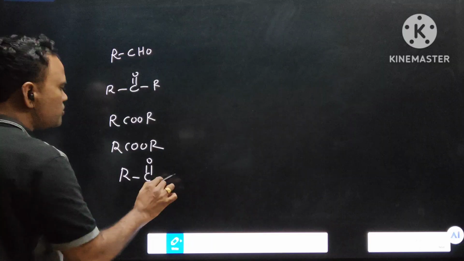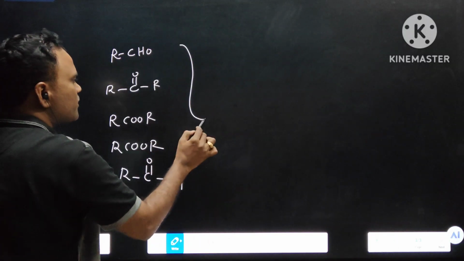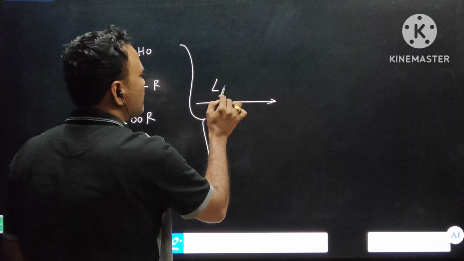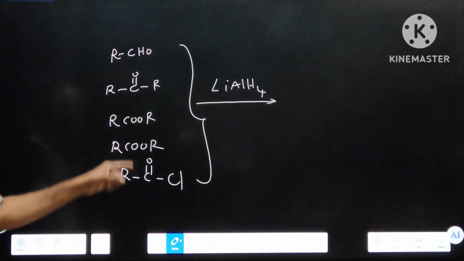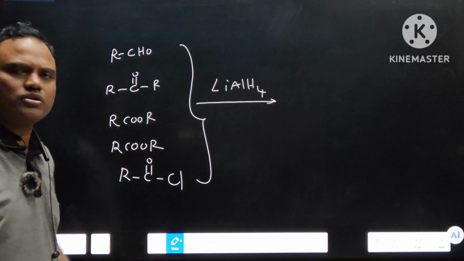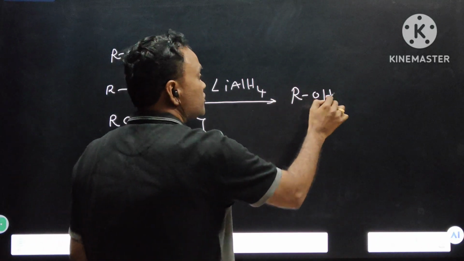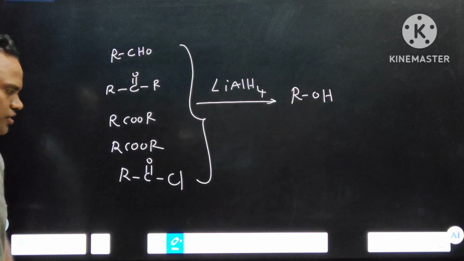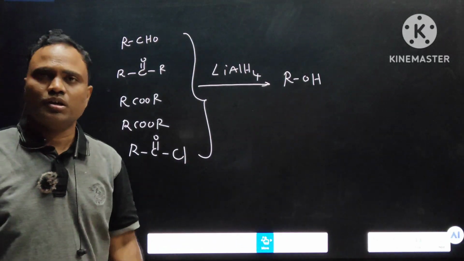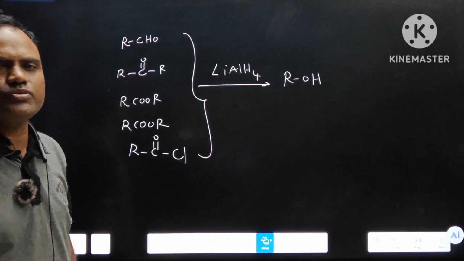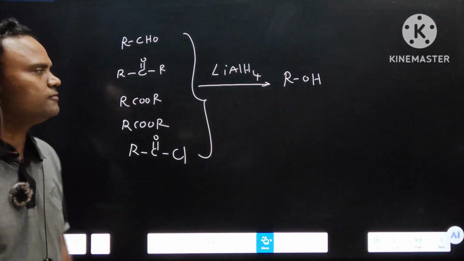See, not only a single functional group, all these functional groups when treated with lithium aluminium hydride, very important, will be converted to alcohols. You learn about each and every reaction, each and every functional group. That's why it is called a versatile reducing agent. It reduces the majority of the functional groups to alcohols.